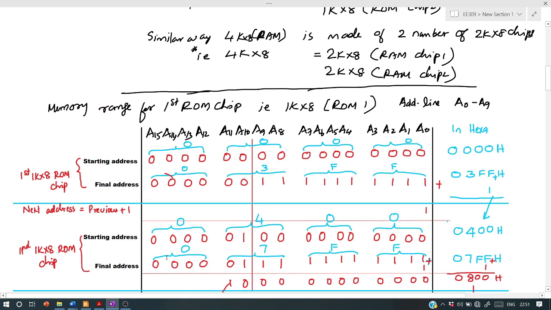When we convert this into hexa data, this becomes 07FFH. So the starting address of the second 1K into 8 ROM chip is 0400H and the final address is 07FFH.